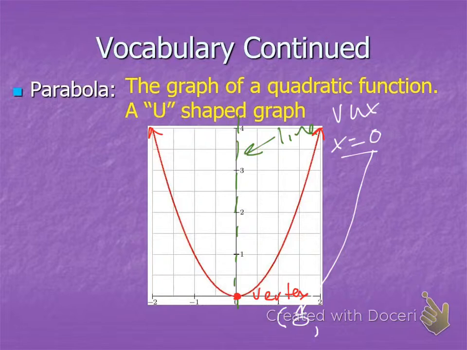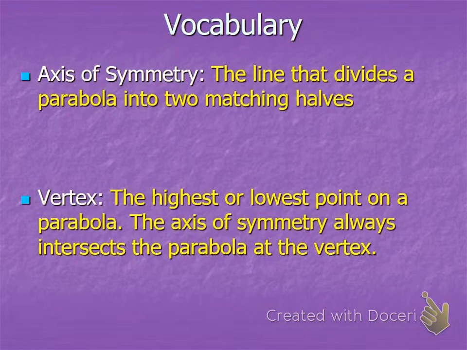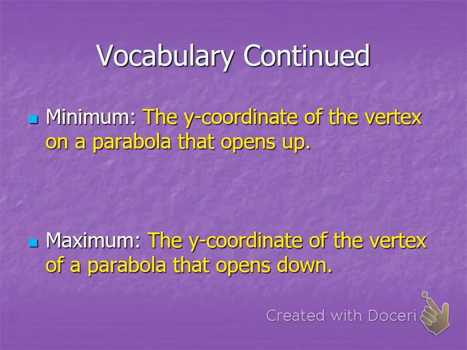Now, the y-coordinate could change, depending on the function, but the x-coordinate for the vertex should always be the same as whatever the axis of symmetry is equal to. We'll talk some more about that in a second. But some definitions for you here that you need to know. Now, since the vertex is the highest or the lowest point, the vertex will lead to either a minimum or a maximum value.